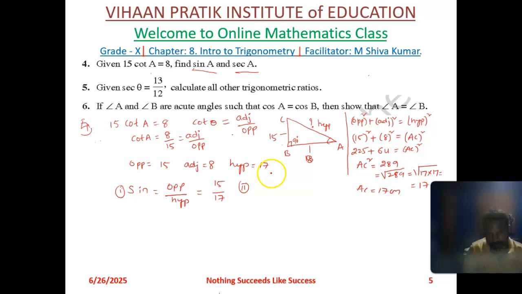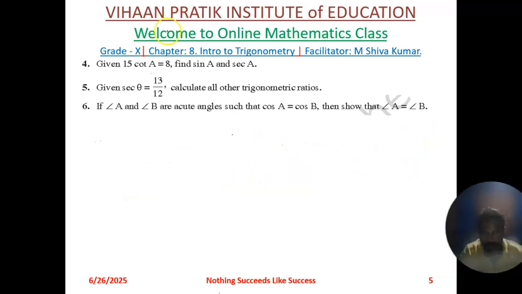Second one is, so we have seen that the value of opposite is 15, the value of adjacent is 8, and the value of hypotenuse is 17.